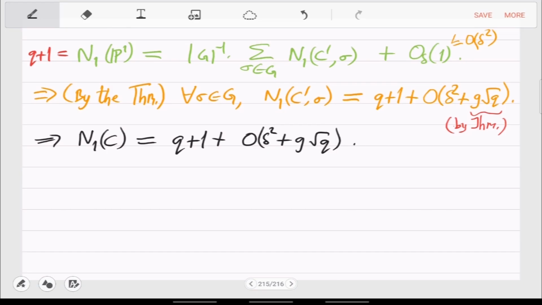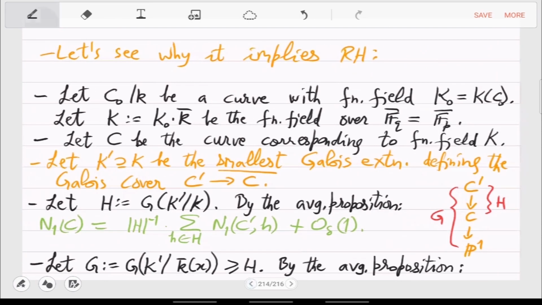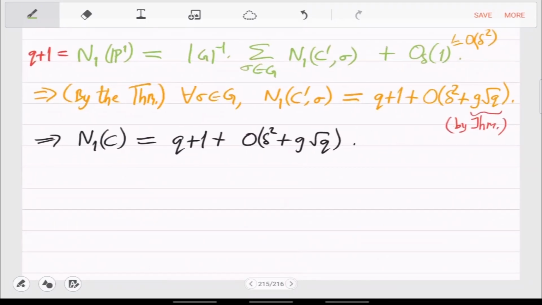Okay, so we were interested in N1C. So from N1P1 we go to N1C prime, and then from N1C prime you go to N1C. That's the route. Let me just number this. So this is coming from 1.